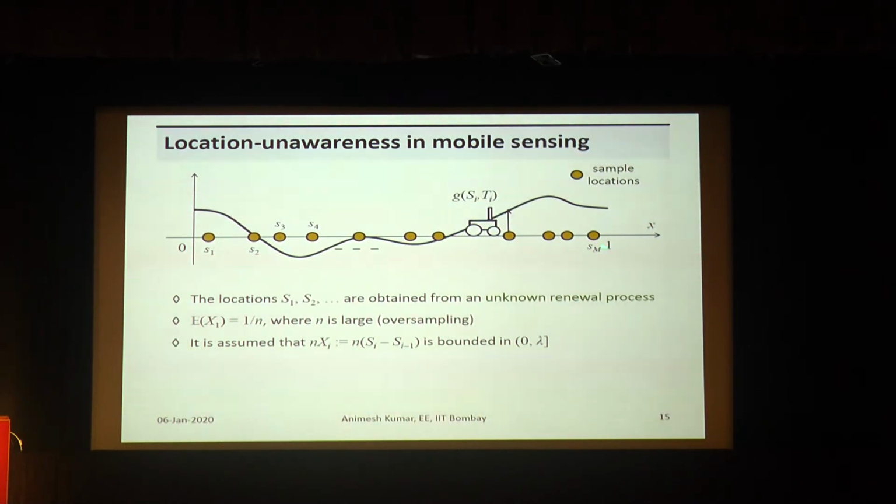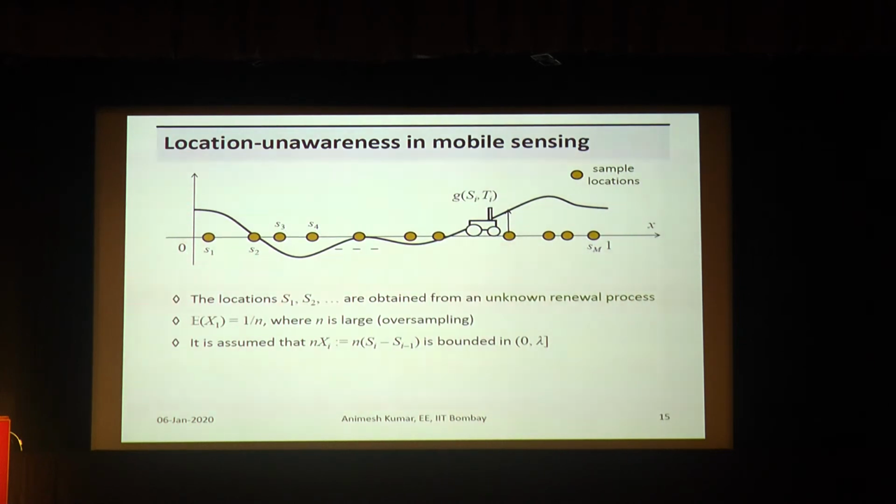So the capital M that we see here is going to be random. Approximately, the average value of M will be comparable to n. Now, one further simplifying assumption that we make is that n, which is the rate of sampling, times the intersample distance is bounded above by some lambda. Lambda, of course, will be greater than 1 because n times the average value of X1 is equal to 1.